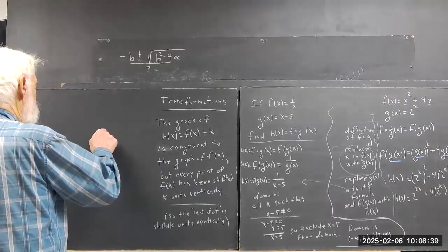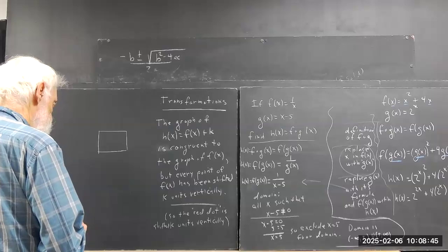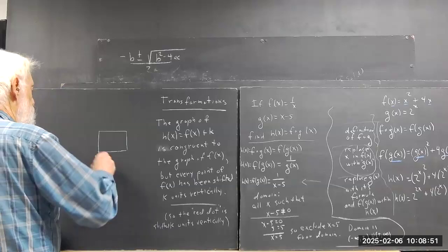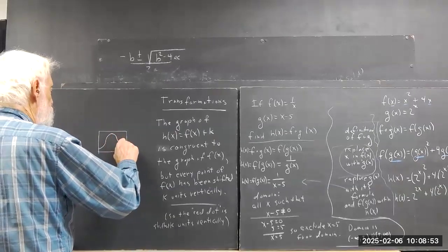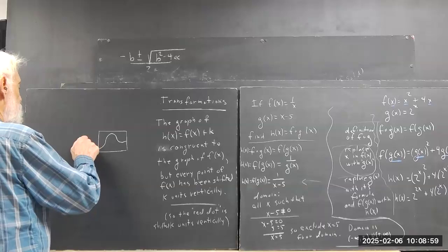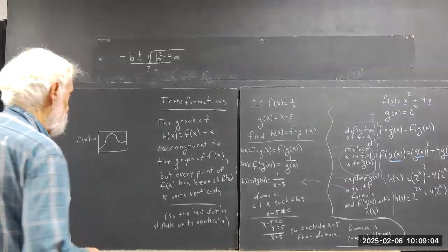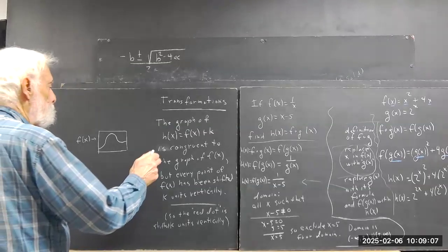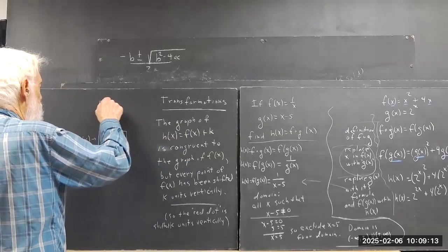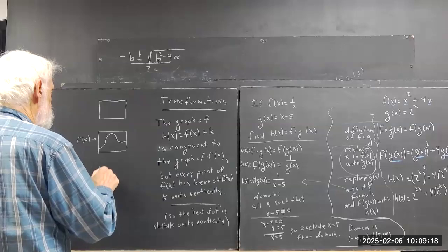Well, if your function is in a vertical window, and this isn't going to be one of our toolkit functions, but let's say your function looks like this. So here's the graph of f of x. Then the graph of h of x equals f of x plus k is directly above or directly below some distance.